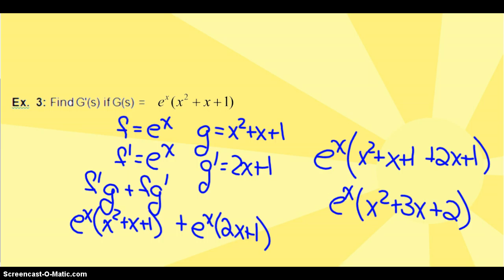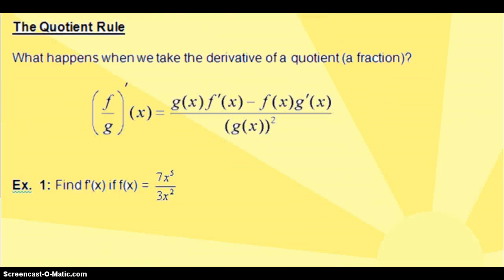The next thing we're going to look at is the quotient rule. Now you'll notice the quotient rule is very similar to the product rule. The difference is I have the negative in between. So now order matters, very, very important. And then we're going to have them down here divided by g squared.